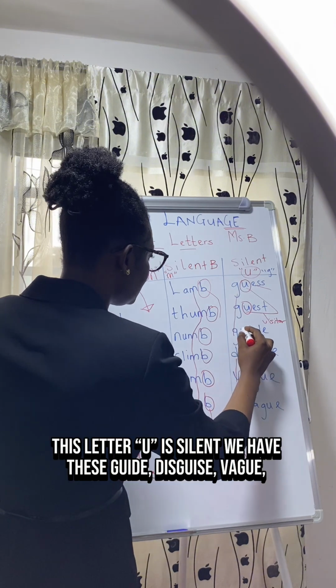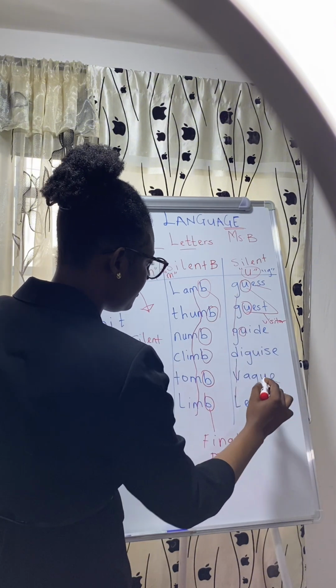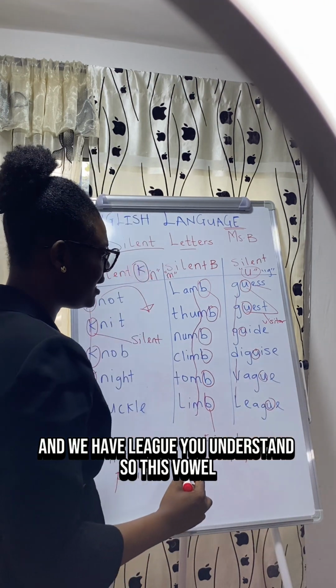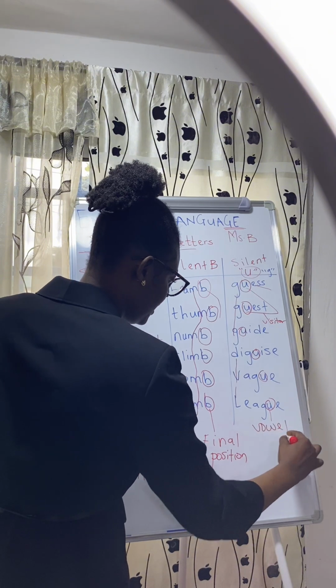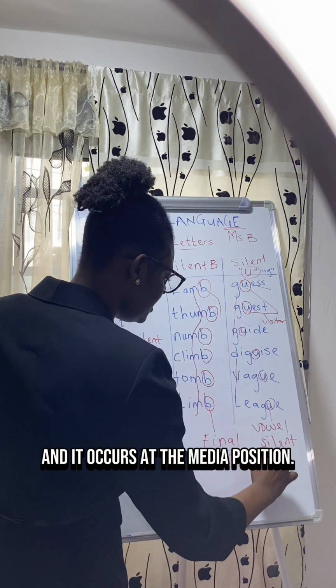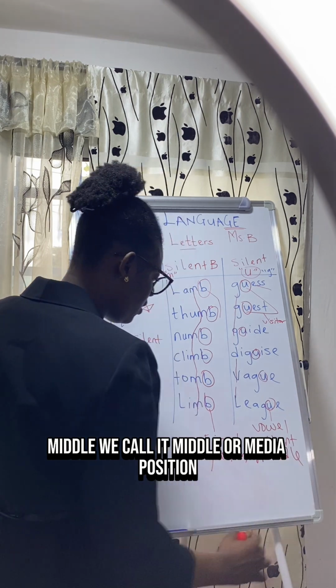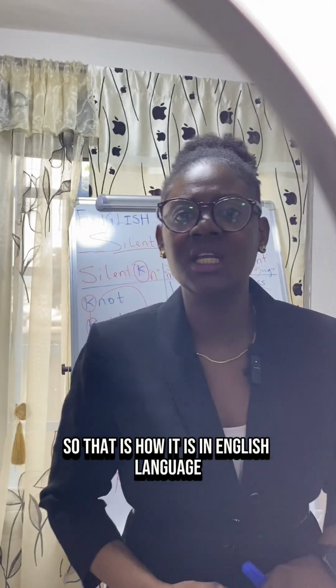This letter U is silent. We have disguise, vague, and we have league. You understand? So this vowel is silent, and it occurs at the medial position. We call it middle or medial position. So that is how it is in English language.